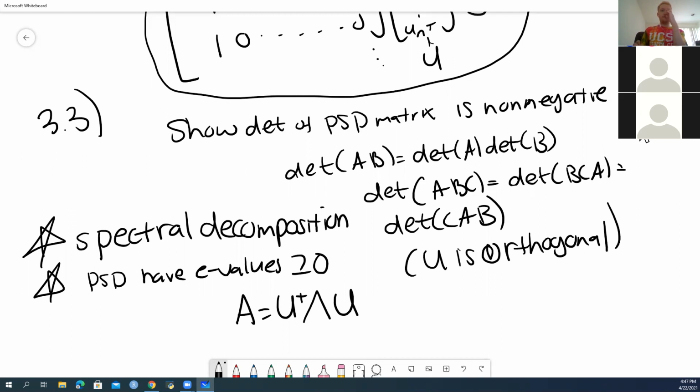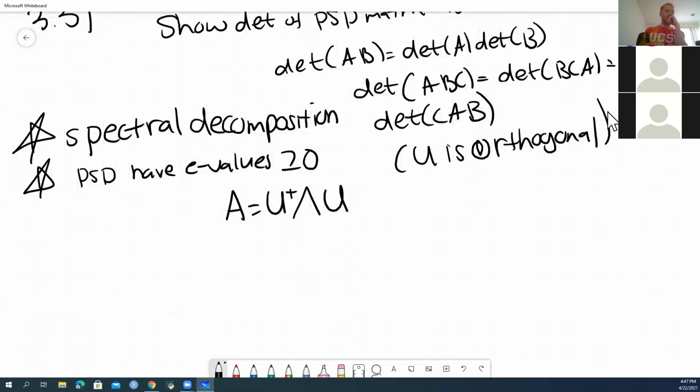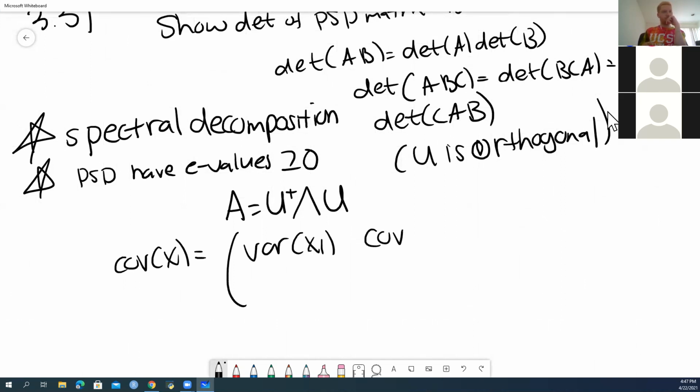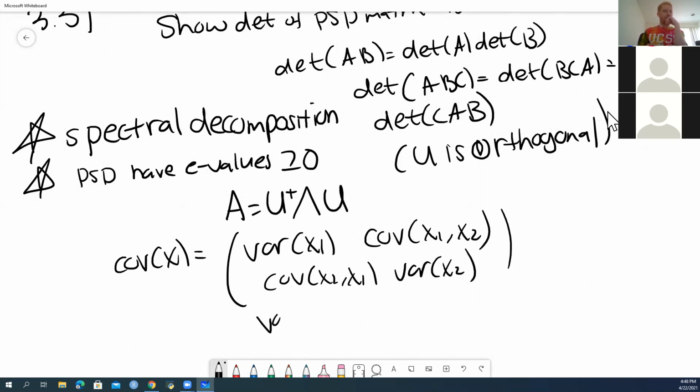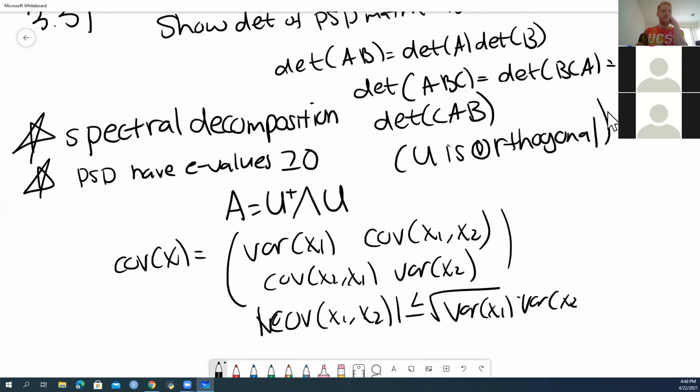And then the other ones are just about the covariance matrix. They talk about finding the covariance inequality, which is basically that given some covariance matrix, we can show that the covariance of x1, x2 is less than or equal to the square root of the variance of x1 times the variance of x2.